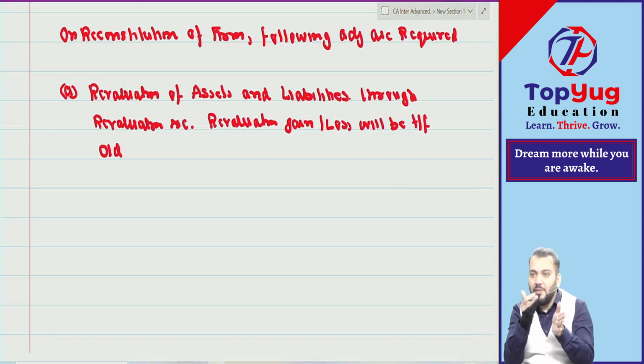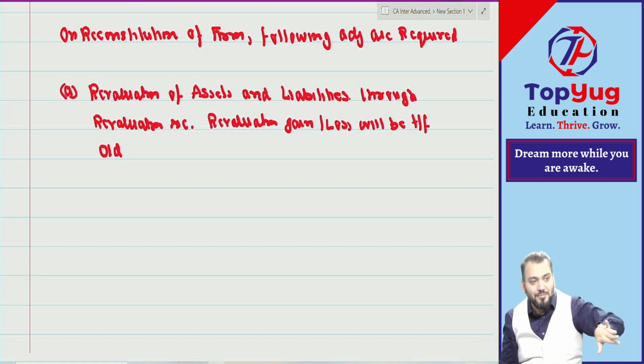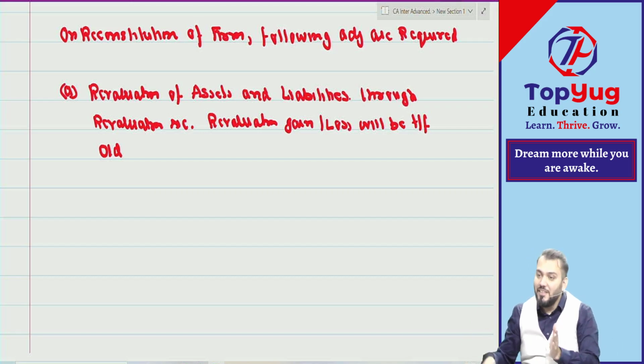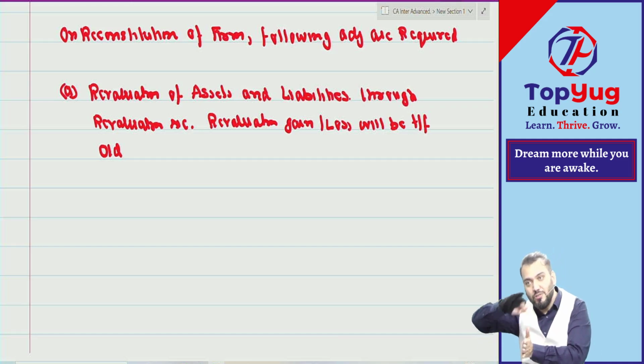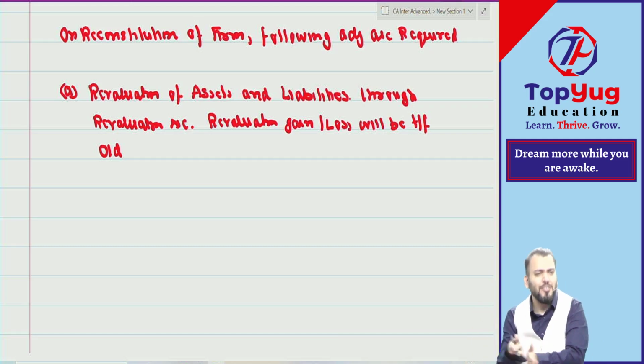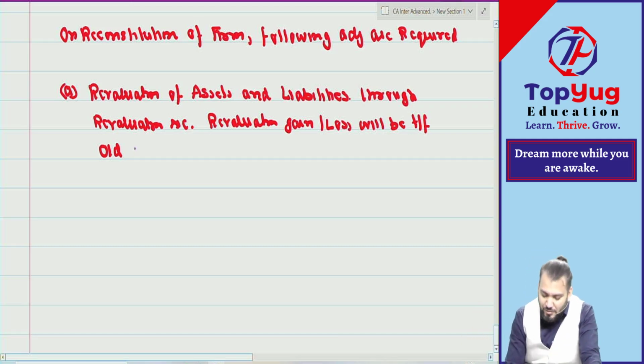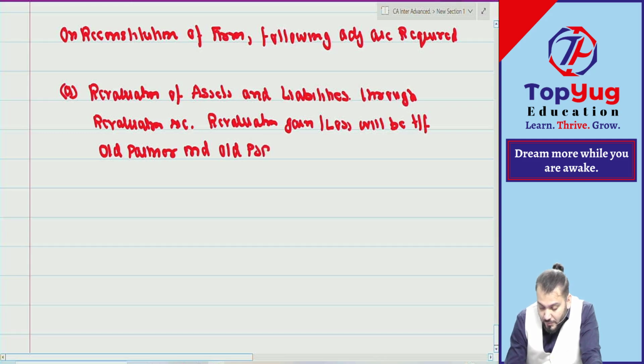So AB become ABC. If AB become ABC, who are old partners? Who are new partners? ABC, including C. C is a new incoming partner. But when I say new partners, it is ABC in the new agreement. So old partners in which ratio? In old PSR. Understood.